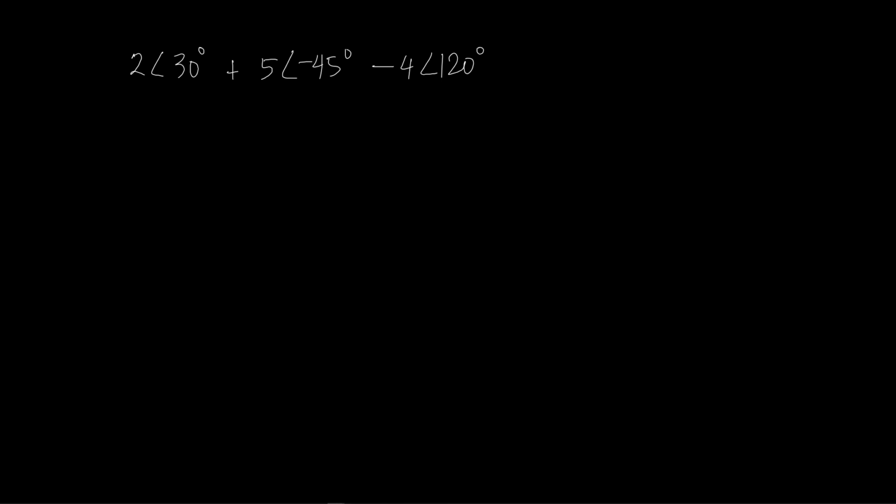Thank you. Okay, so how do we convert 2 angle 30 to a plus bi, or rectangular form?